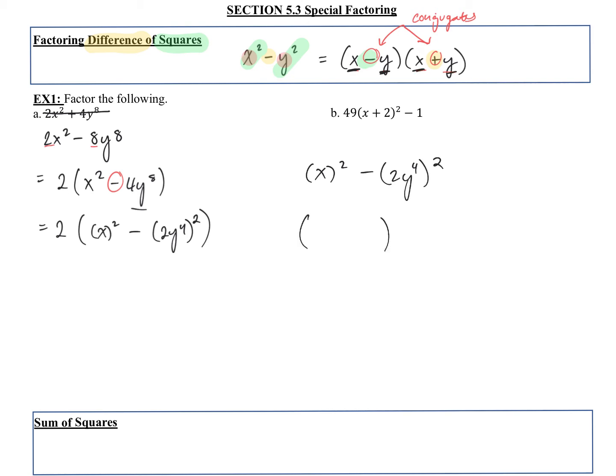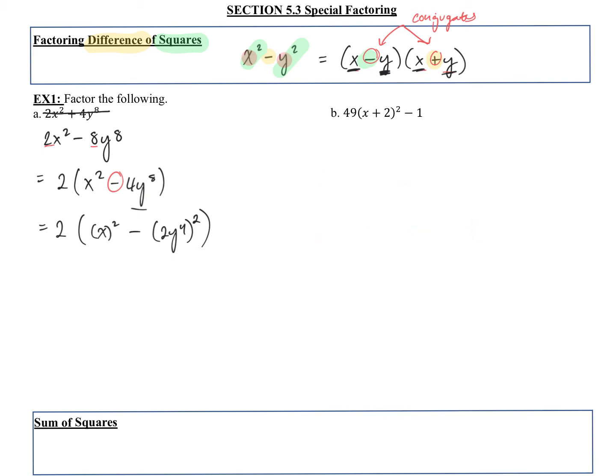So we have x, and then we're going to take the last one, 2y to the 4th, and then put one plus and one minus. And we're done. Once again, note we input the unsquared item into the binomials.